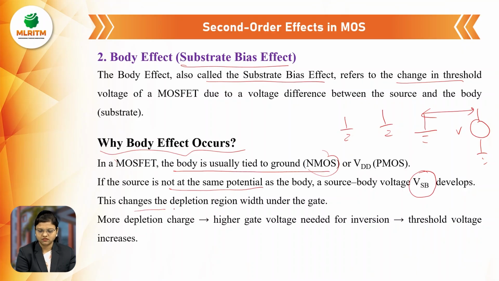This changes the depletion region width under the gate. Because of more depletion region charge, a higher gate voltage is needed to form the channel. The channel will still invert, but there is a higher chance of increased threshold voltage.